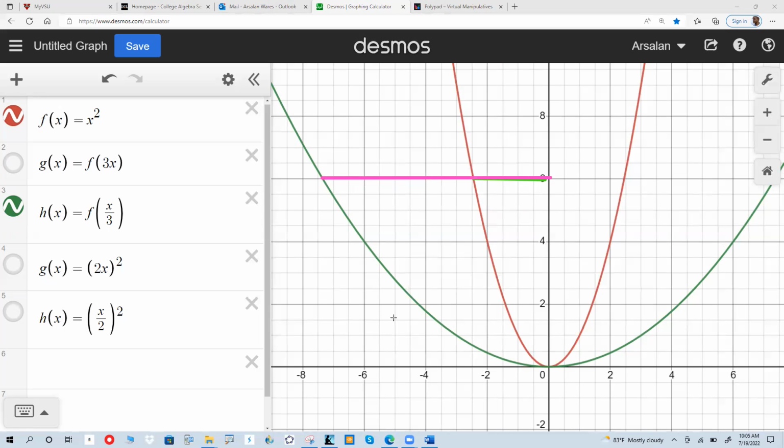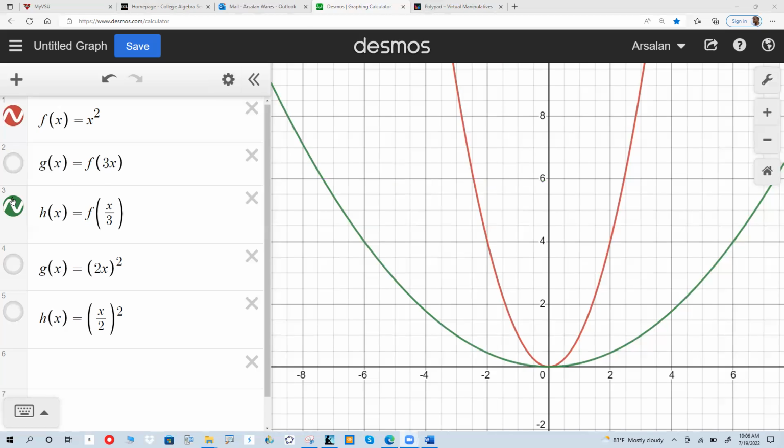So when you go inside the function, take every x and replace it by x over 3, it's going to be a horizontal stretch by a factor of 3. It's a little counterintuitive. You're dividing, it's going to stretch, but the answer is yes. And when you go inside the function and multiply by a factor of 3, it's going to be a horizontal shrinkage. Yes, it's a little counterintuitive. You're multiplying, but you're getting a shrinkage.